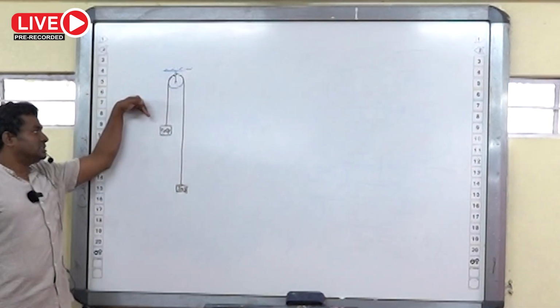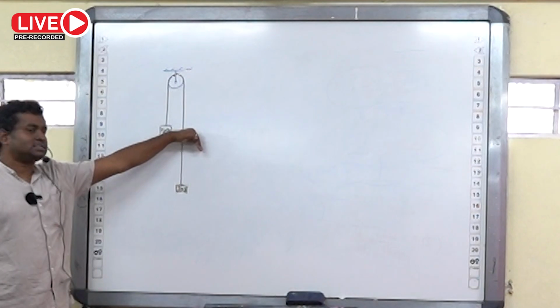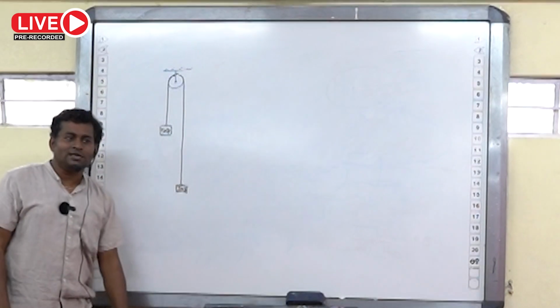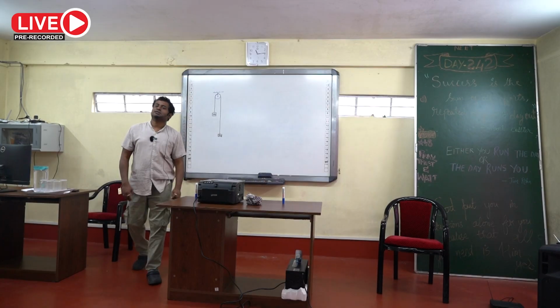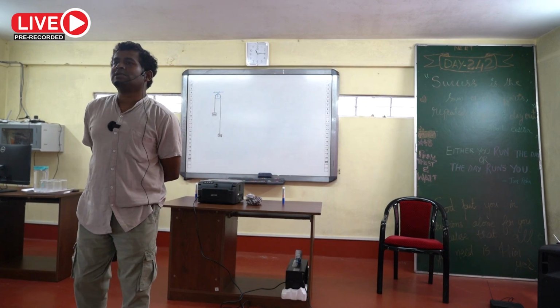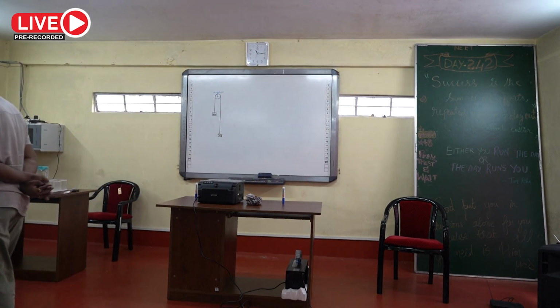This pulley is fixed, this side mass is 5 kg, this side mass is 3 kg, and it is released. The answer is g by 4. Just calculate what is the acceleration of the masses. g is given as 10.